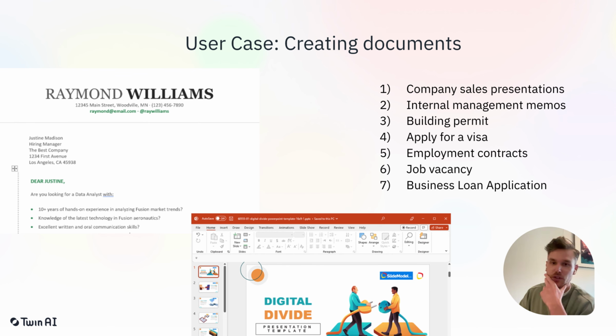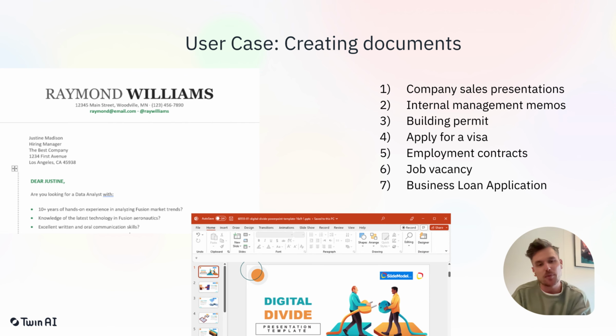We have another user who is trying to automate the process of requesting visas in Indonesia. At the moment, it's quite manual to do the whole process, and it's quite annoying. He built a workflow to automate that part.